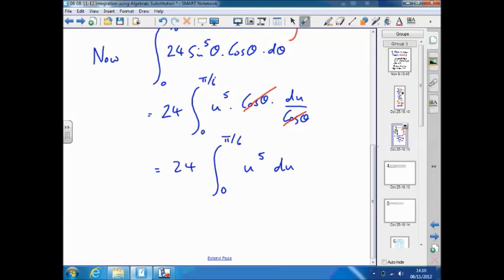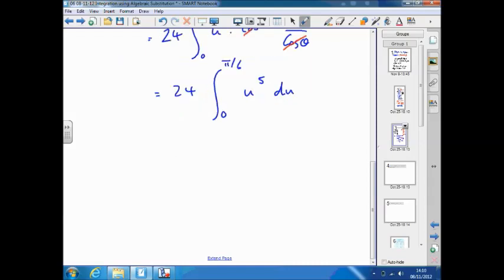And this is easy. I just add 1 to the power and divide by the new power. So it's u to the 6 over 6, isn't it? Plus c. But in fact not plus c this time because it's a definite integral. So this is 24 times u to the 6 over 6 between 0 and pi over 6.